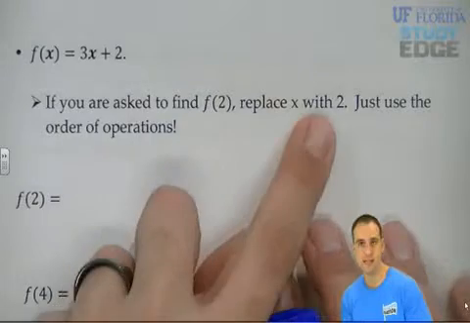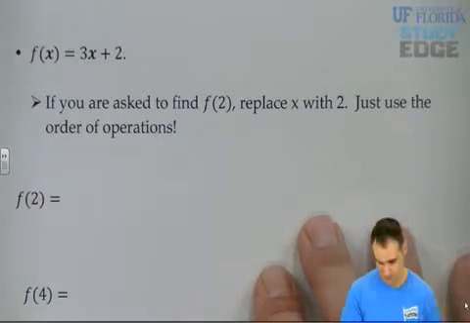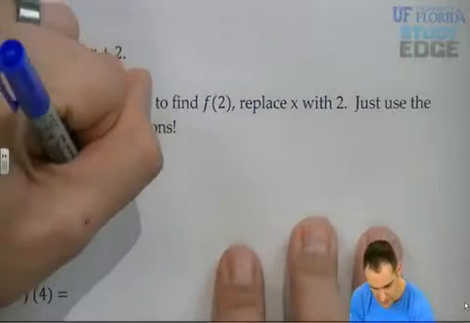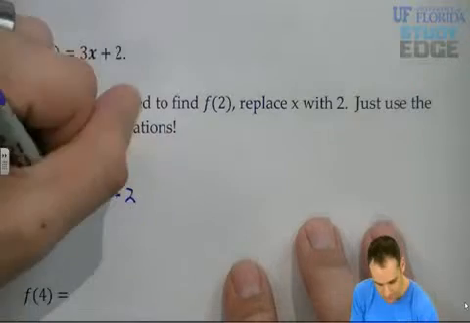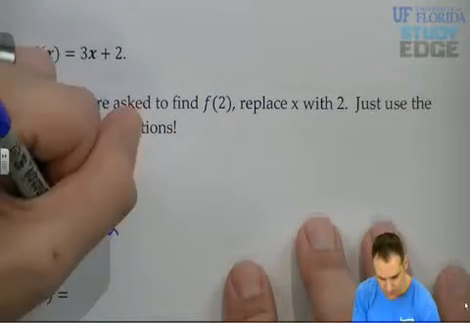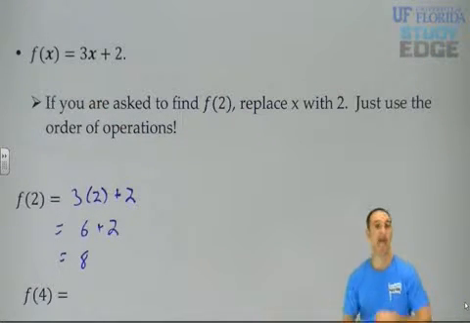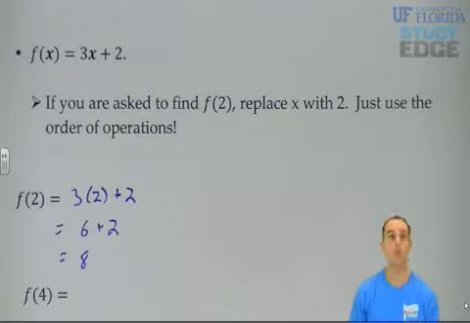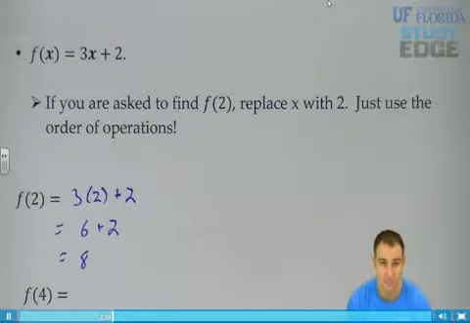F of 2 means replace x with 2, and then again use your order of operations. 3 times 2 plus 2. Multiply, 3 times 2 is 6. Add, 6 plus 2 is 8. Meaning when x is 2, f of 2 equals 8. You inputted 2, it outputs 8 in this equation.